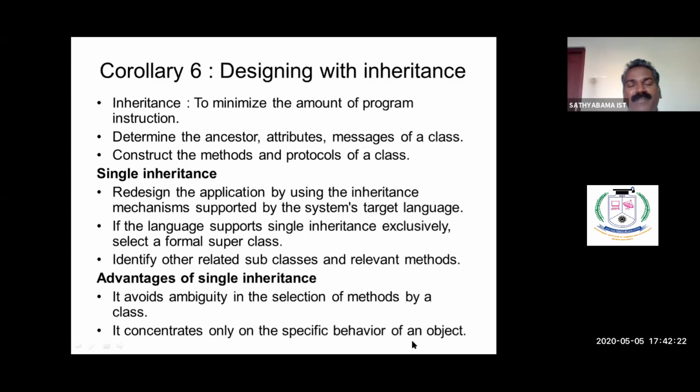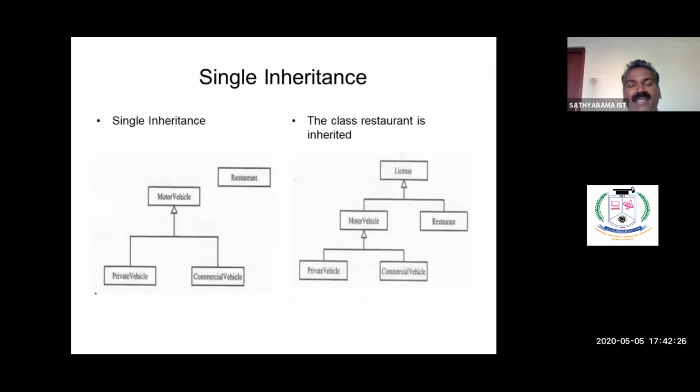If you use multiple inheritance, where multiple parent classes are available and we derive the child class from them, then which method interacts with which other method becomes complicated. So we have to avoid multiple inheritance.